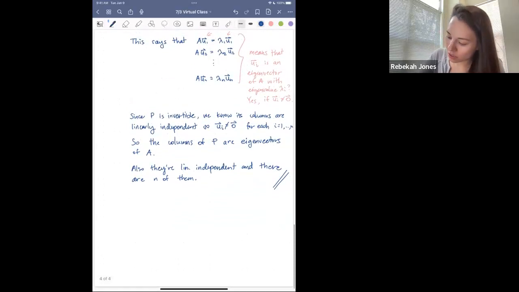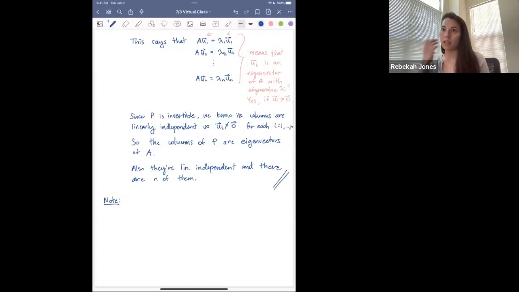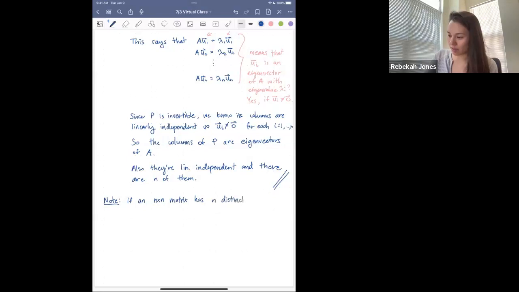One thing to emphasize here is that if an n by n matrix has n distinct, sorry, not eigenvectors, I meant eigenvalues, then the associated eigenvectors are linearly independent.